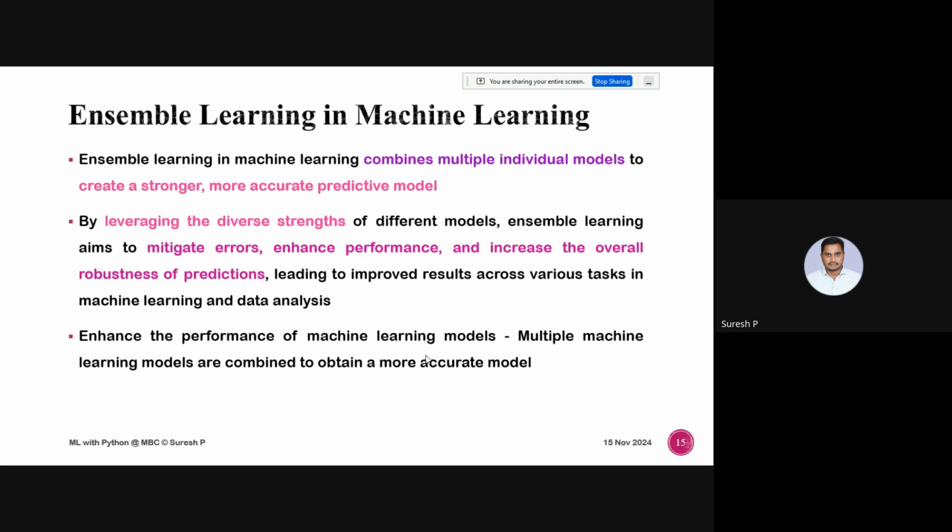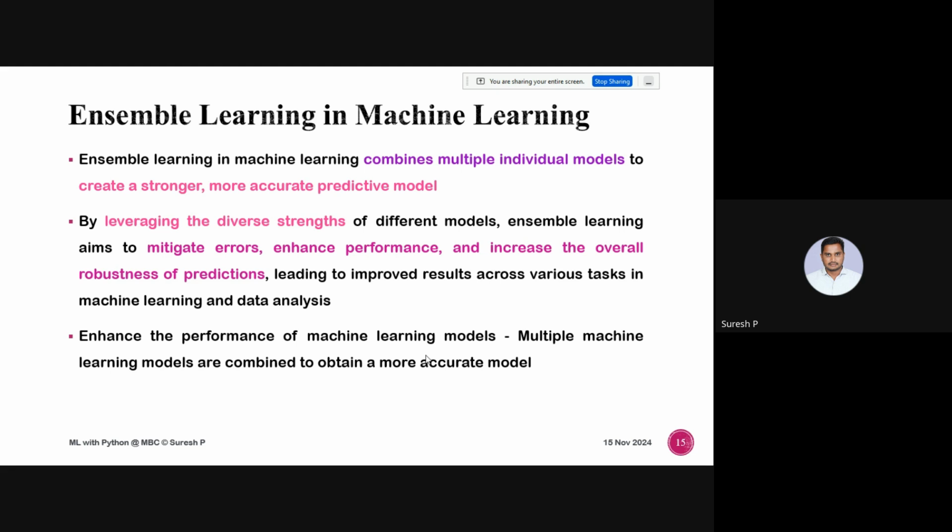In some situations, every algorithm may give a different classification for some data. Whenever we have some data point or some record, the decision tree will give one class, random forest may give another class, and support vector machine may give yet another class.